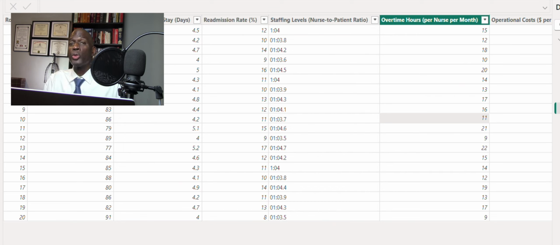But the hospital administrators will be using the reports that are created to make decisions and determinations as to how to better the hospital itself.